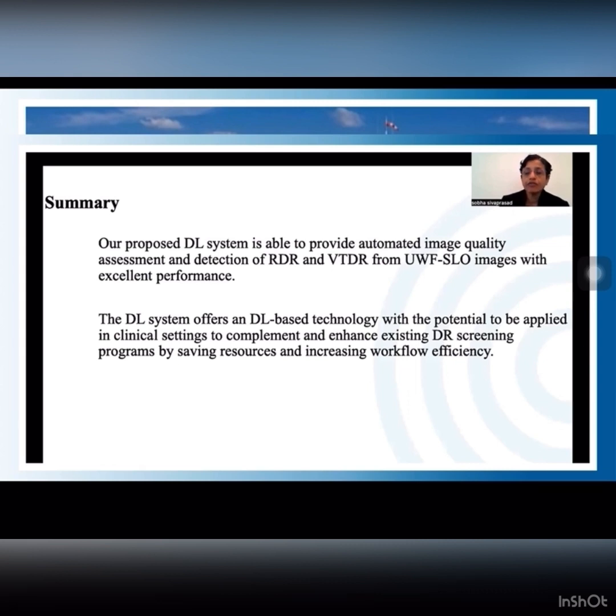This system offers a deep learning-based technology, and has the potential to be applied in clinical settings to complement and enhance existing diabetic retinopathy screening programs, especially because most of these patients with any form of moderate NPDR onwards are referred into secondary care where ultra-wide field imaging is used immensely. This system will allow us to make our DR pathways more efficient, save resources, and use our workflow more efficiently.